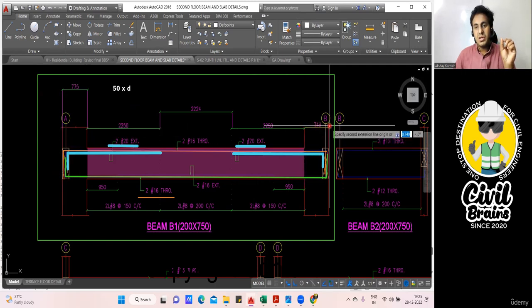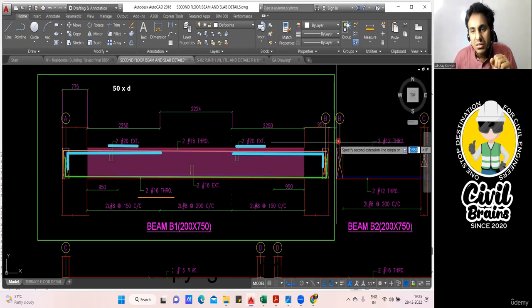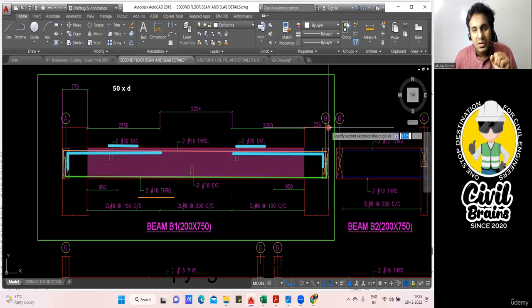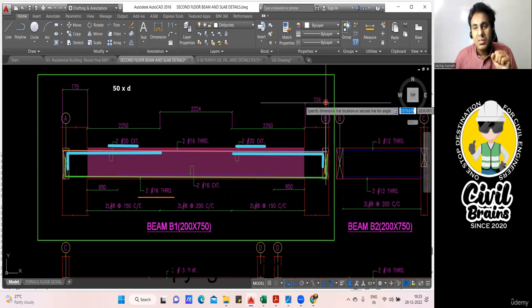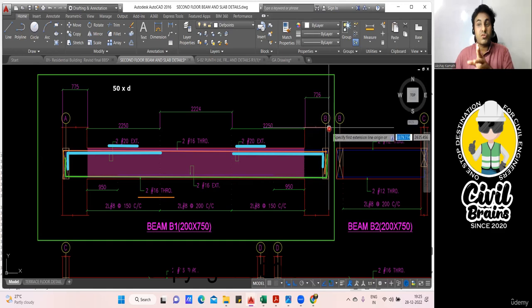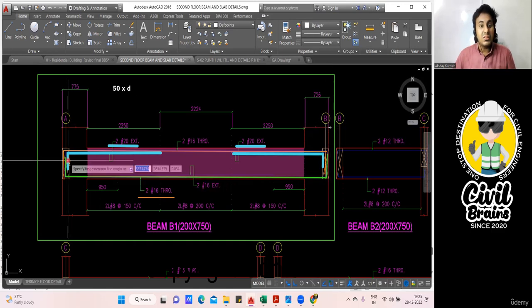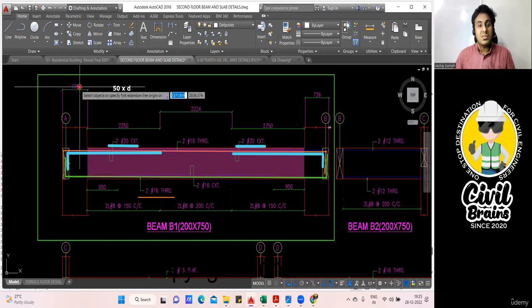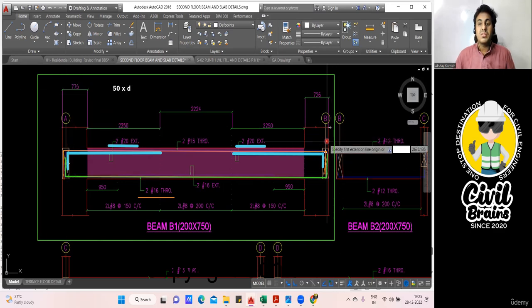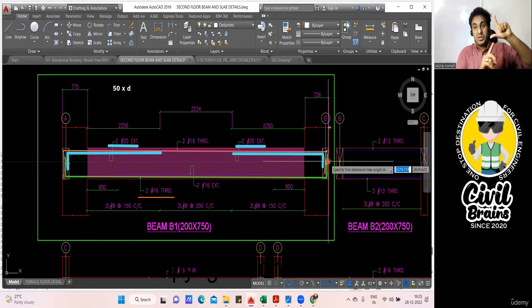Similarly, this is also 775, I guess. It is 726, so 726 minus 40 mm cover. Then this will be a development length which will be given in the drawing: 50 times the diameter minus this answer will give you this L. This one we already found. Same thing here also. This one will get the total development length.